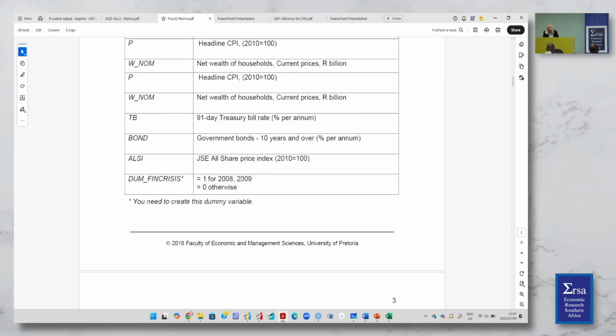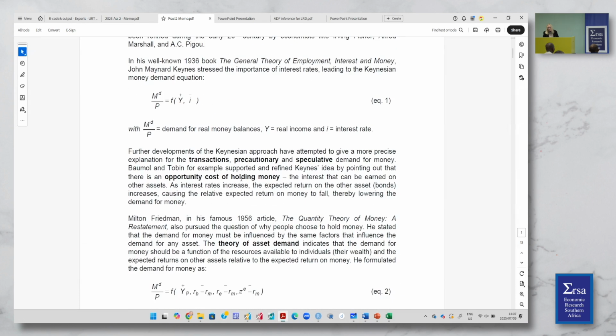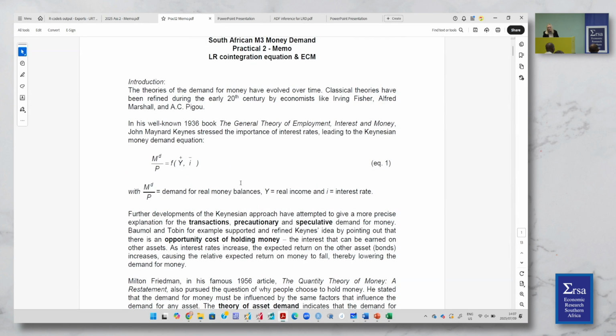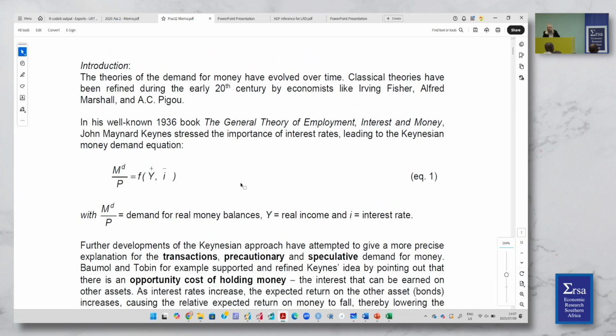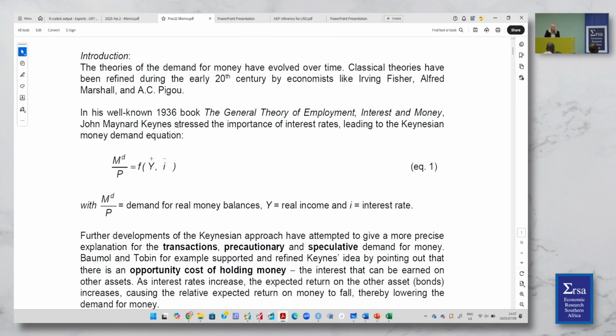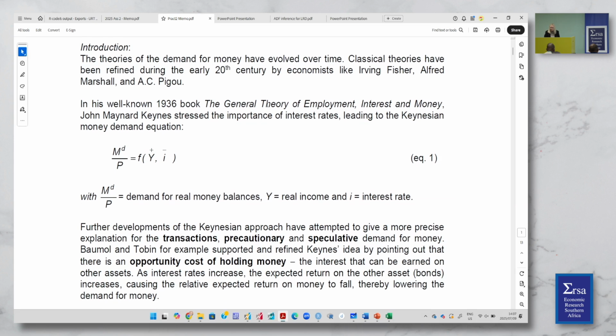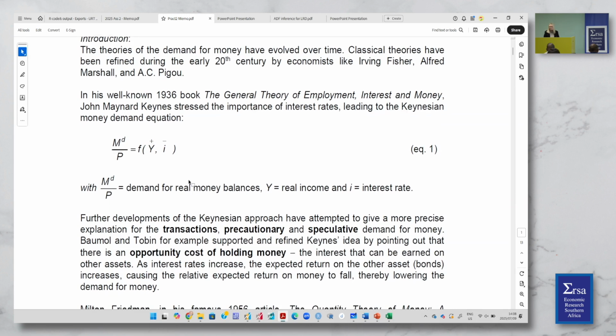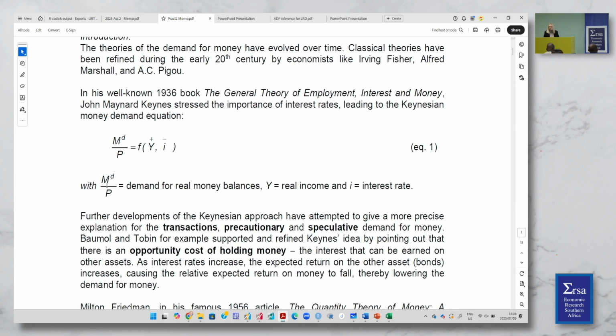So just to put this in context, the simple money demand equation, the famous 1936 General Theory. In short, we often say General Theory of money, but the title of the book was Employment, Interest and Money. The simple Keynesian function is this.